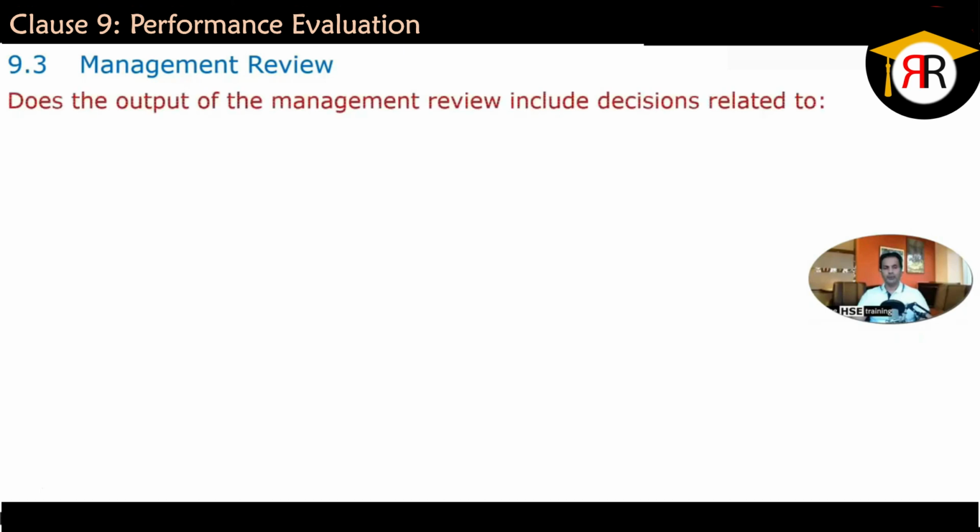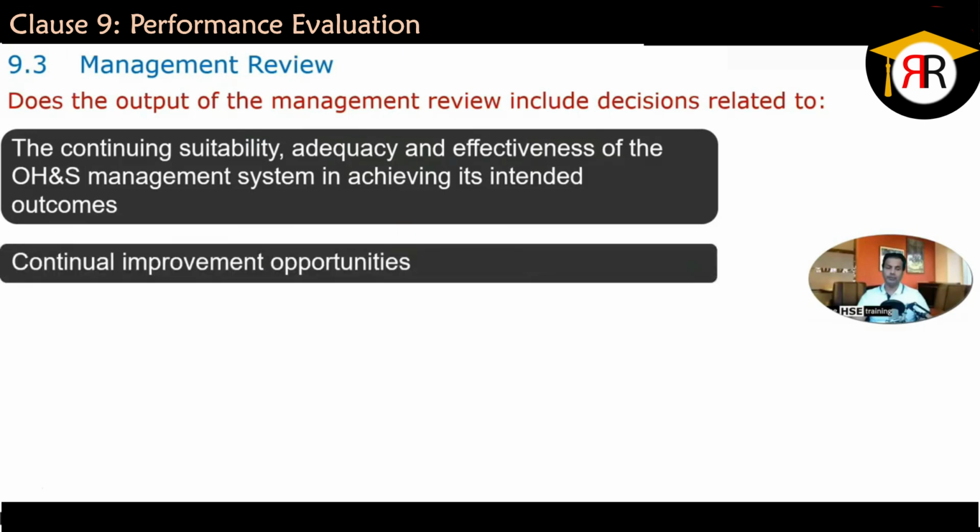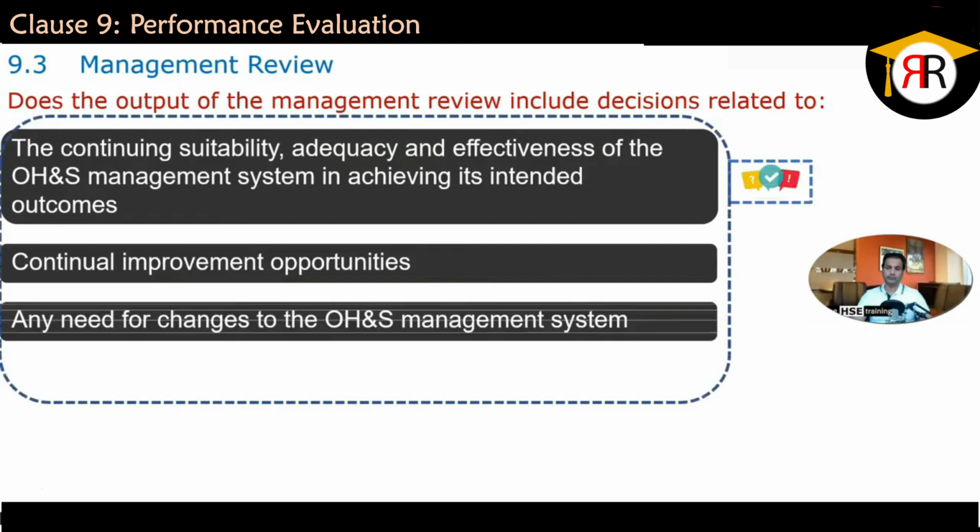Also in management review, does the output of the management review include decisions related to the continuing suitability, adequacy and effectiveness of the OHS management system in achieving the organization's intended outcomes, and also continuous improvement opportunities?